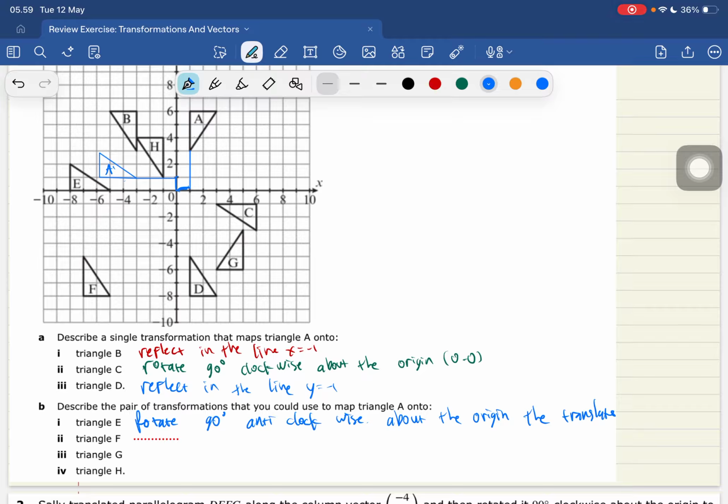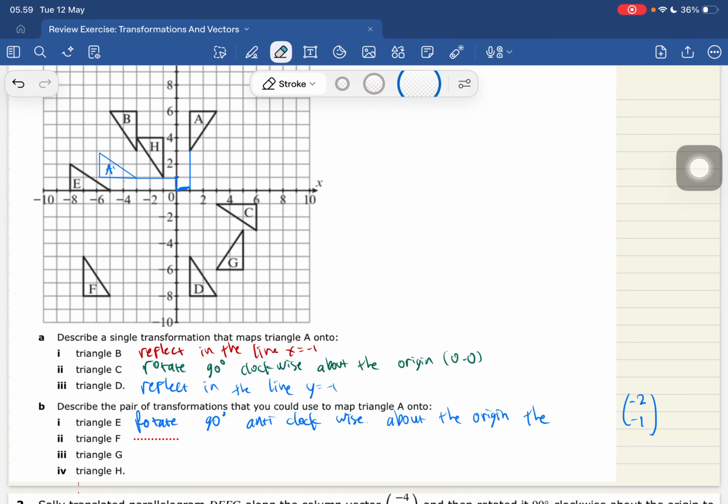Translate to the left. As this is the left side, we will write negative. And 1 down, if down, we write it also negative. So here is the translation.